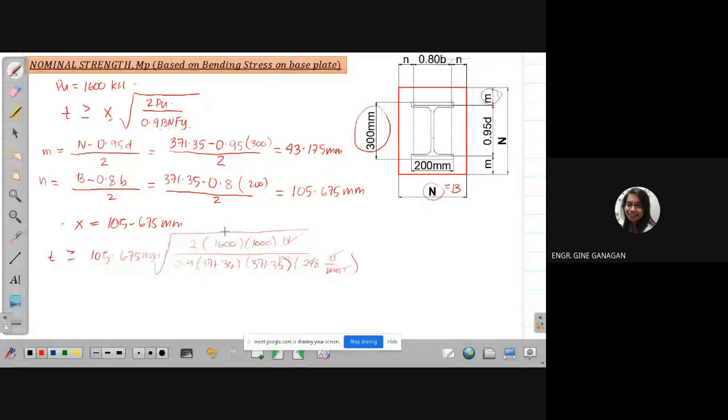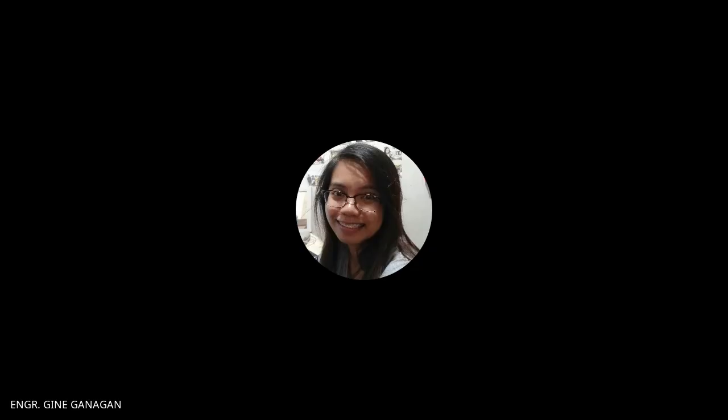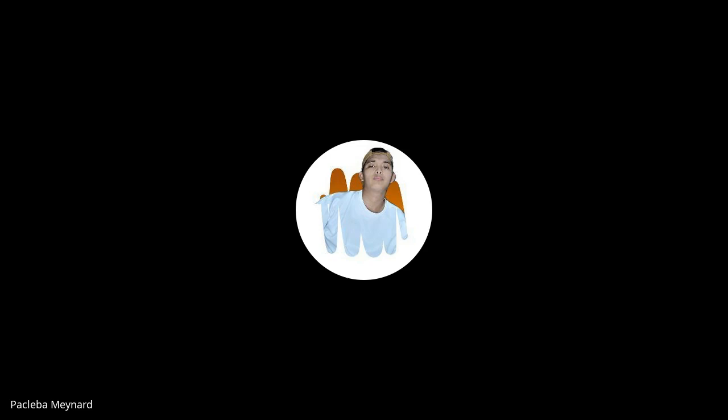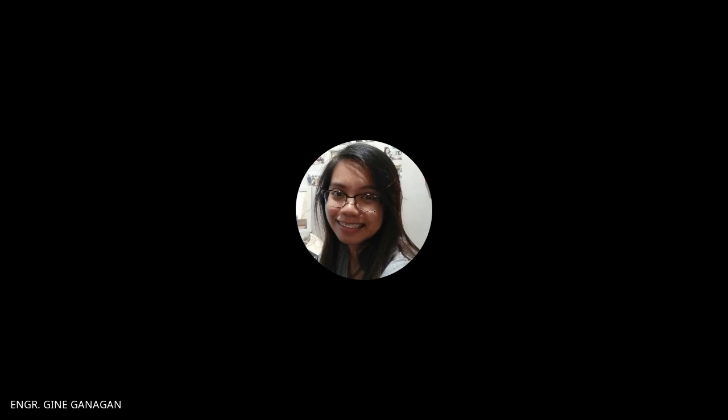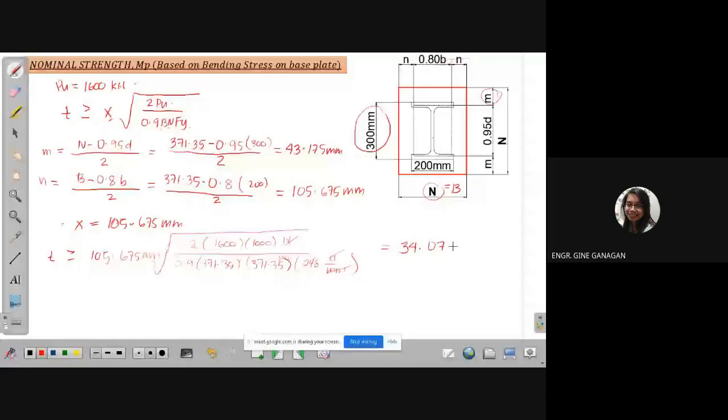Ano yung value natin dito sa P? Ano yung thickness natin? That is equal to 34.07. Is this correct? Yes, ma'am. 34.07 and 10. Okay.